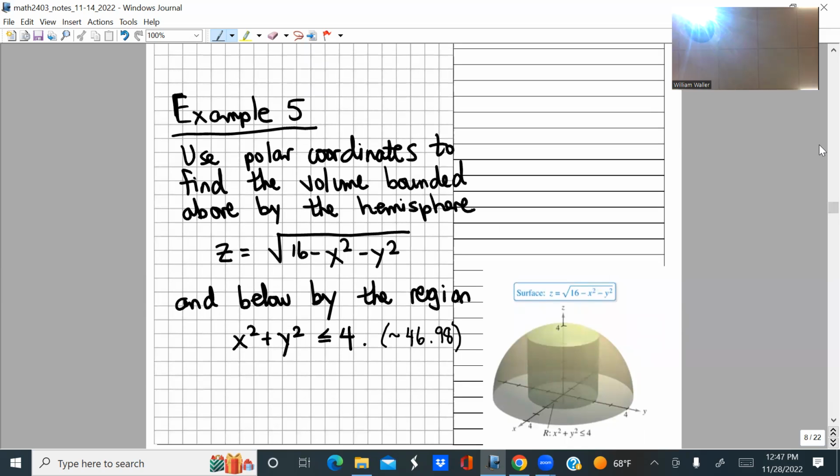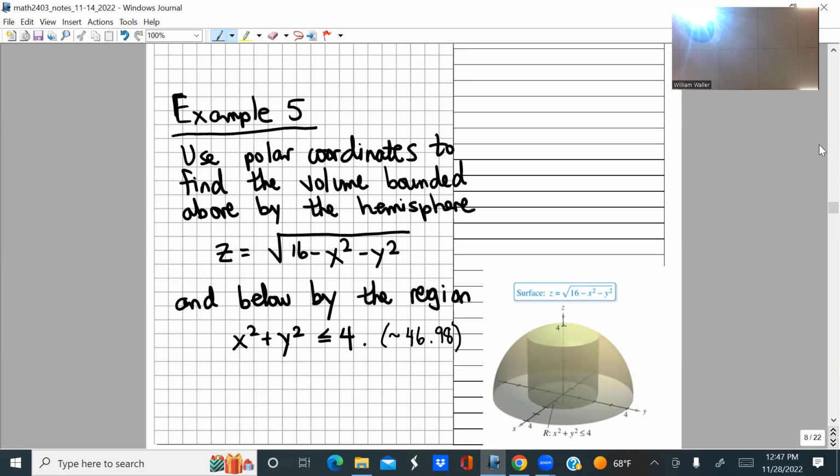All right, now you actually get a picture. So we're trying to find the volume beneath this surface, which is this hemisphere, square root of 16 minus x squared minus y squared. But we only want the volume below that hemisphere above this region.